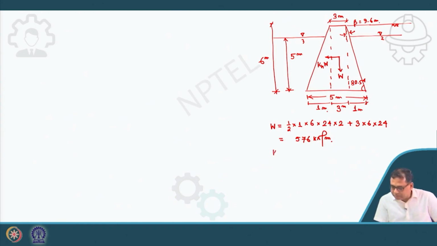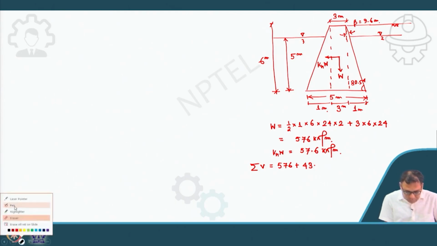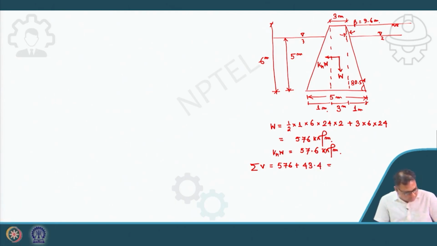So, KhW is 57.6 kilonewton per meter. So, the summation of all vertical forces is 576 plus the vertical component of PAE, which is 43.4. So, that is equal to 619.4 kilonewton per meter.